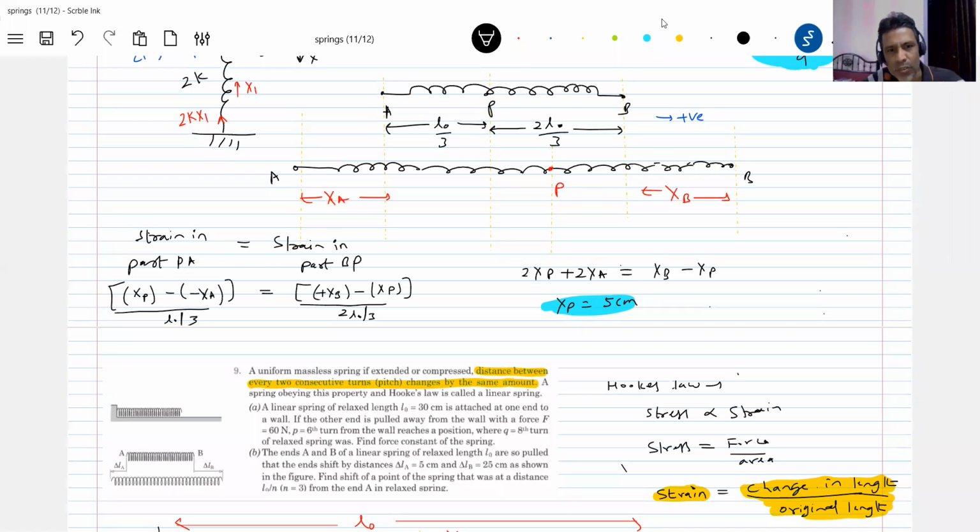Some books have given it wrong like this, but this should be the correct one. That's the meaning of this particular sentence. Don't assume it in another way. The strain in one part of the spring should be equal to the strain in the total part of the spring. Getting the idea now?